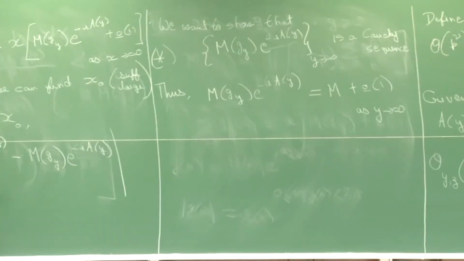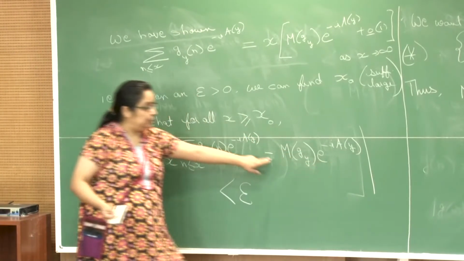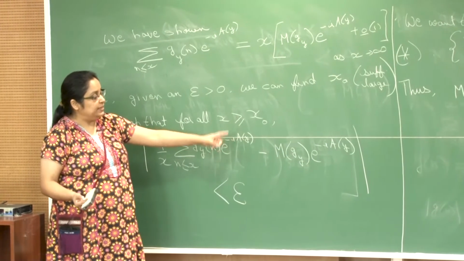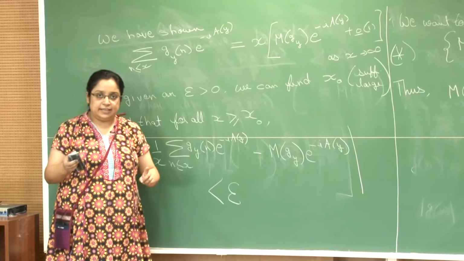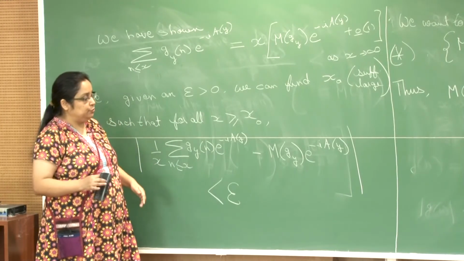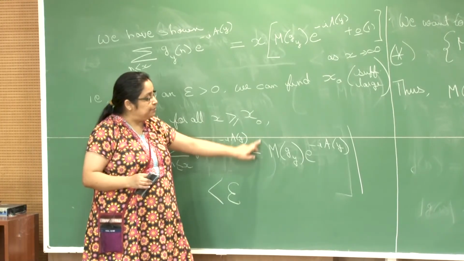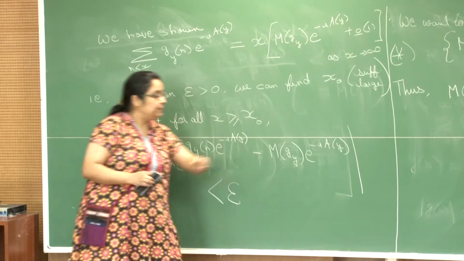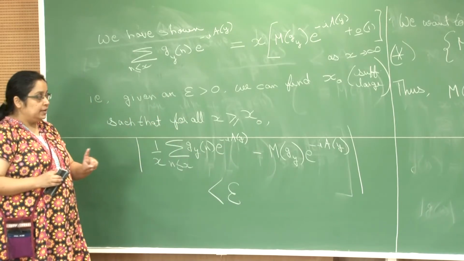And because of what we have written here, in order to show that this is a Cauchy sequence, what do we need to do? We need to take y and z very, very large, let us say z is greater than or equal to y, and show that the absolute value of these corresponding differences would be less than epsilon.